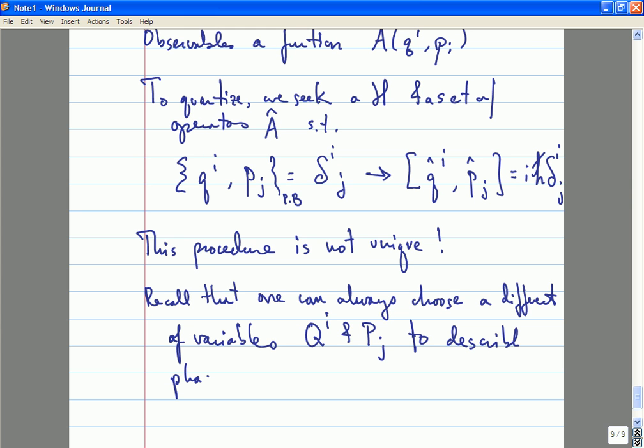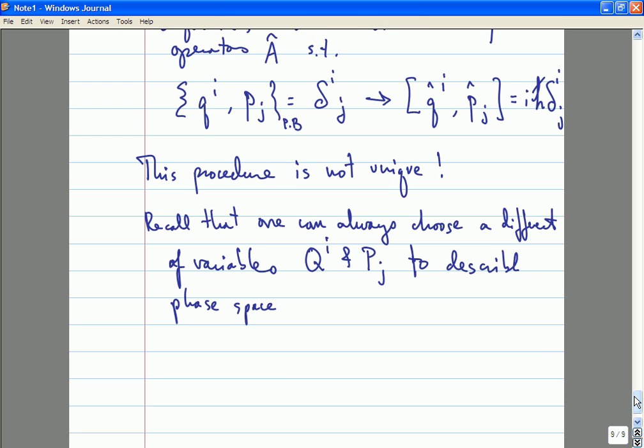If you're talking about the motion of a pendulum, then you could either use the angle of the pendulum relative to vertical as your dynamical variable, or you could use the height of the pendulum off of the floor as your dynamical variable. And one of the basic principles of physics is that the result of any physical measurement shouldn't depend on the variables that you use to describe the system.